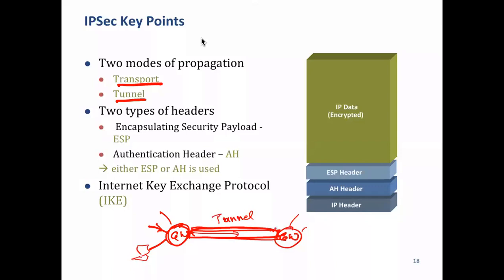Okay, while transport mode says that your laptop is capable of doing IPsec, right? So in your IP packet, you modify the header. You have the IP header and then put the IPsec header, and so this becomes end to end, right?